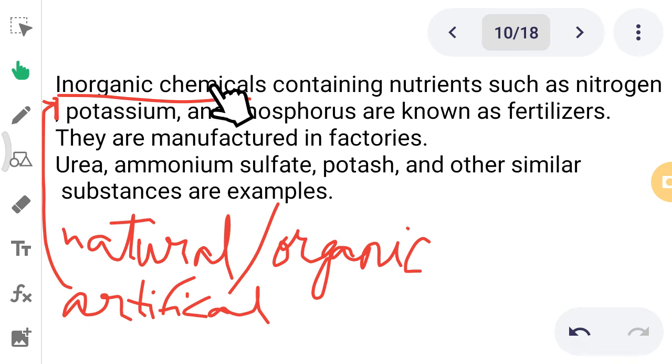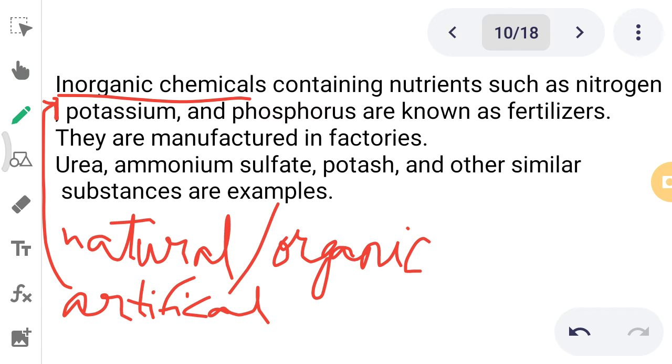So inorganic fertilizers containing nutrients such as nitrogen, potassium and phosphorus are known as fertilizers. They are manufactured in factories. Urea, ammonia sulfate, potash and other similar substances are few examples.